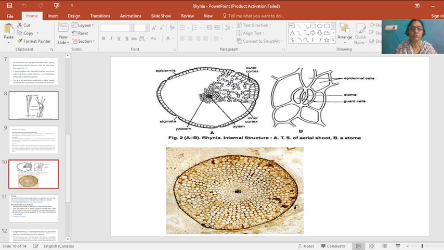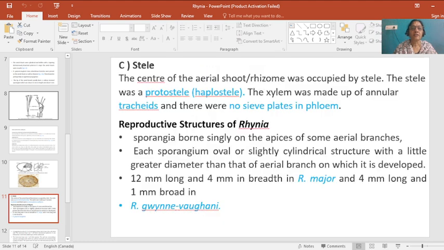The center of the aerial shoot was occupied by the stele. The stele is a protostele, which is a haplostele. Xylem was made up of annular tracheids, and there were no sieve plates in the phloem.